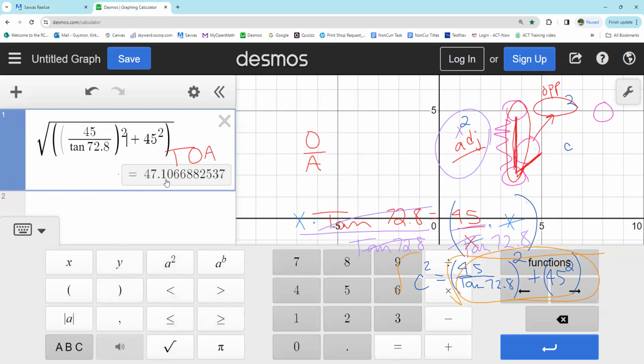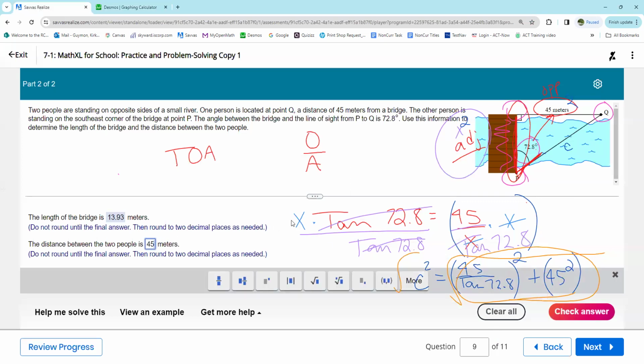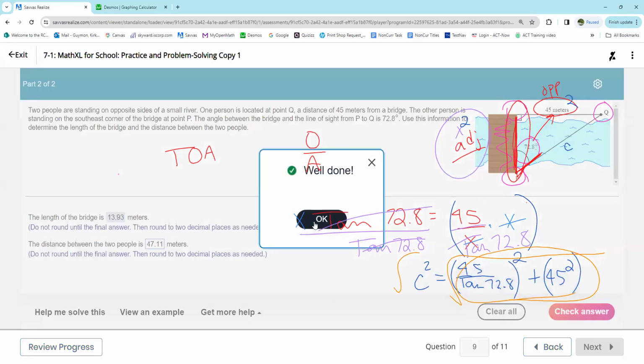How about 47.11? So 47.106. So the 6 would say make that 0 into a 1. 47.11. Let's try that for the second try. 47.11. And that's what they're looking for.